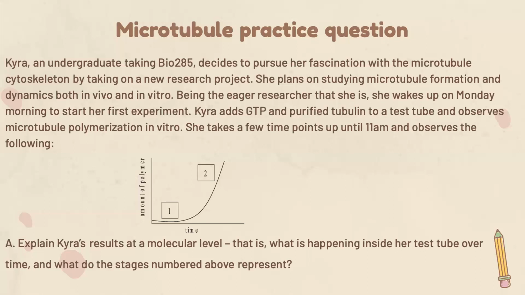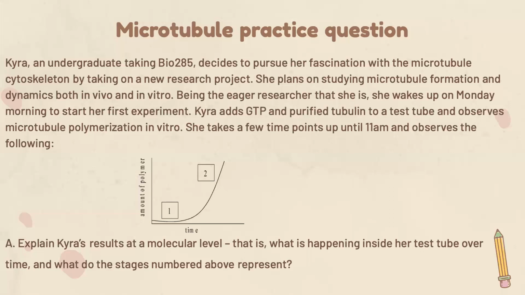And then those protofilaments will interact with each other laterally to make that hollow tube-like structure. It takes time for that process to occur, which is why the amount of polymer that you see doesn't increase right away. It takes time.